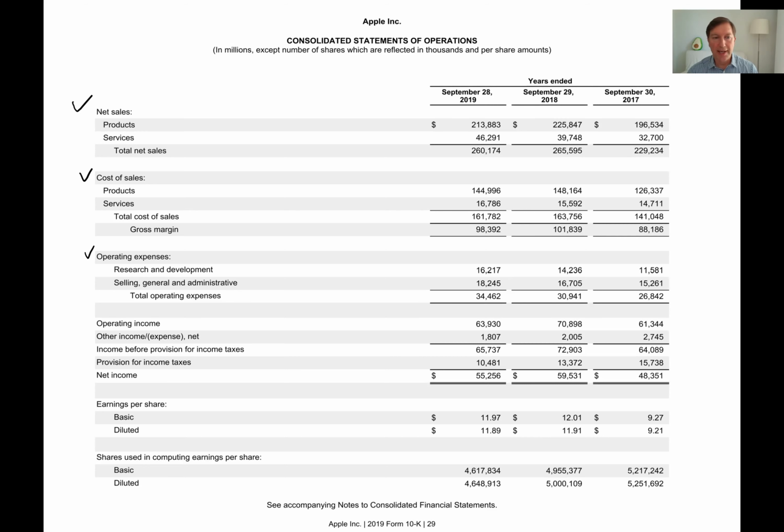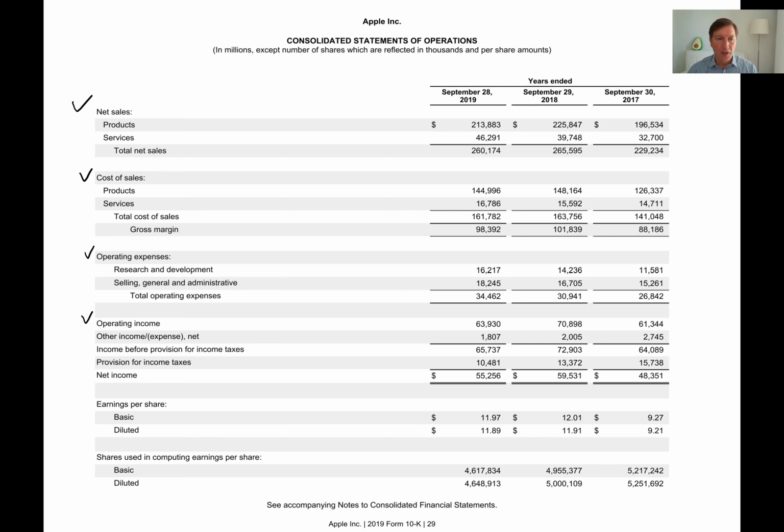So SG&A tells us about compensation to the salespeople, to management, to lawyers, accountants, and so on, right? Administrative expenses, basically. And then when we take revenue minus COGS minus operating expenses, we get operating income, right? So that's perhaps one of the key items in the income statement. That's basically the core engine behind the value that the company is creating, right?